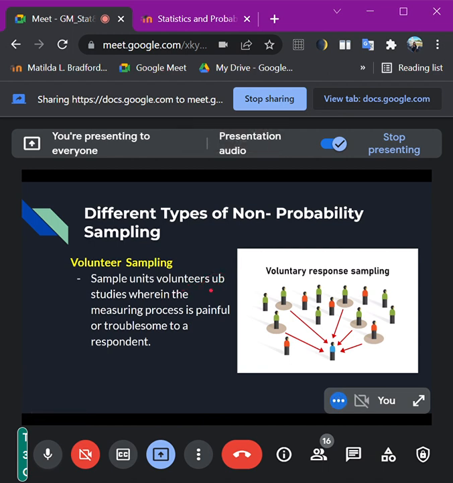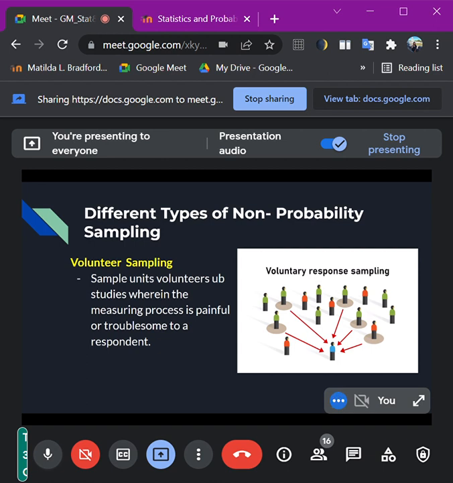Sample units, volunteers, studies wherein the measuring process is painful or troublesome to a respondent. Okay, so this one is wherein you're going to get people whom you choose as your volunteers for your sampling.